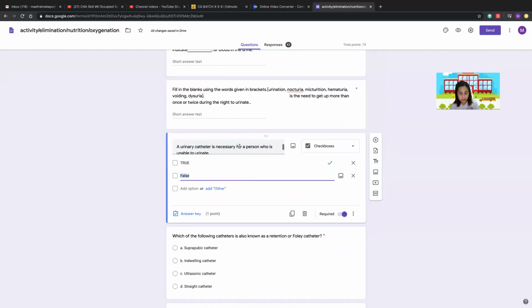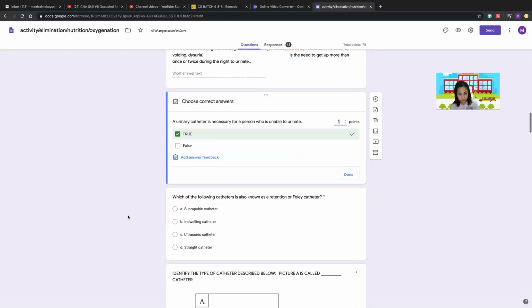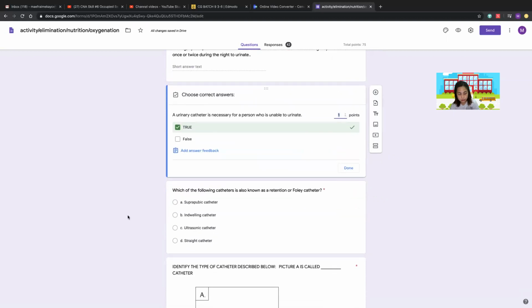A urinary catheter is necessary for the person who is unable to urinate. The answer is true, especially for patients who have spinal anesthesia and cannot void, because their bladder is relaxed from the anesthesia and they cannot control it.